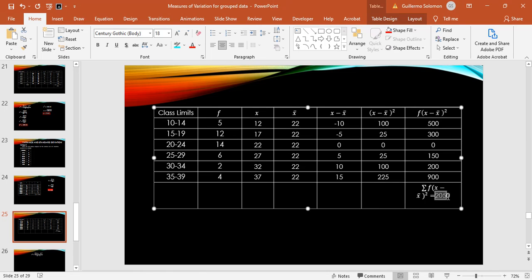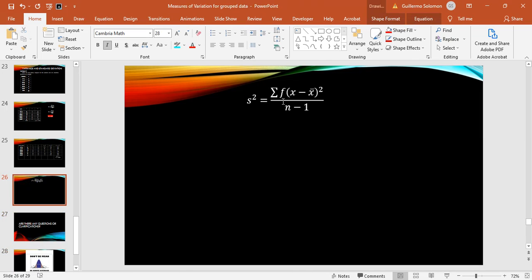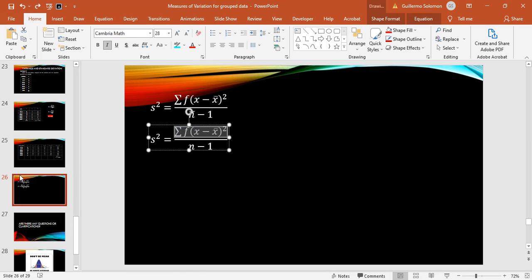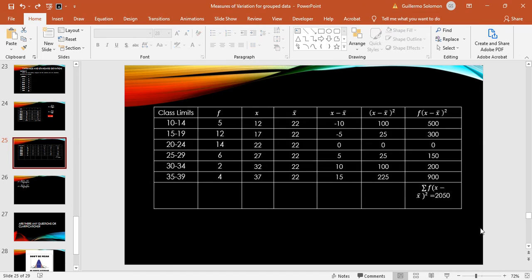Yung summation. Ngayon, itong summation na to, we can now substitute to our formula for getting the variance. Okay, sa variance muna yung gagamitin natin. Afterwards, pag nakuha natin variance, makukuha na rin natin si standard deviation. Okay, ang nakuha natin sa numerator here, ito, that is 2,050.